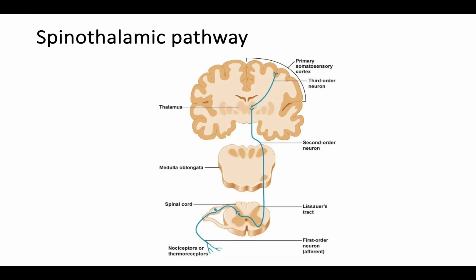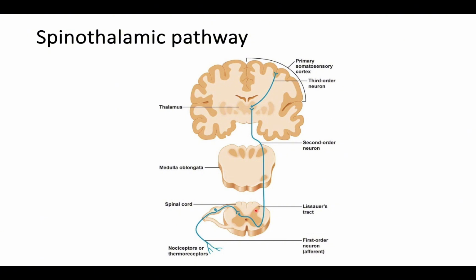Now let's look at the spinothalamic pathway. It's also a conscious pathway because it's going to the cerebral hemisphere. For that one, the first order neuron also has its ganglion in the dorsal root, goes through the dorsal horn, and then it doesn't rise, but synapses with the second order neuron. It's the second order neuron that now crosses to the other side and then rises all the way up.